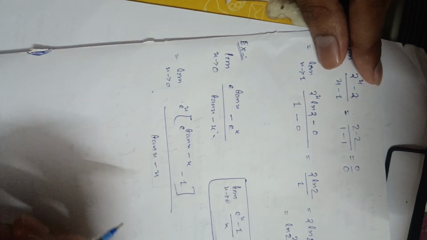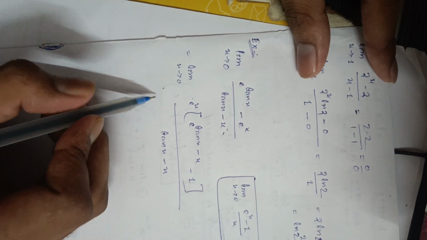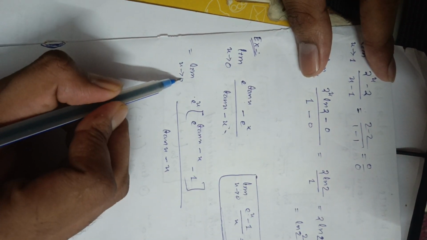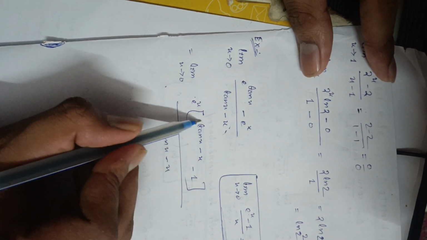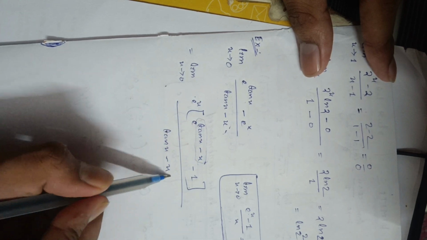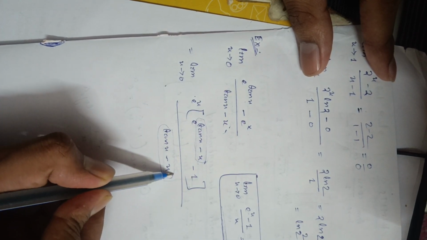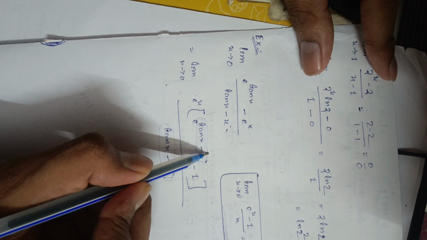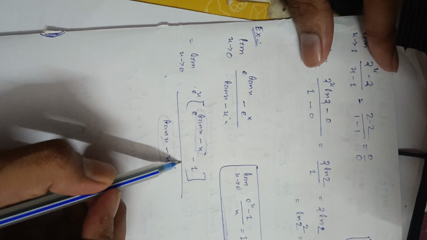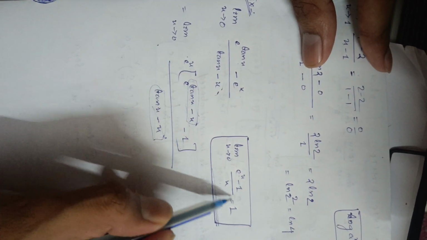Now see one thing, if you put x equal to 0, then this is one term and this is the same term. In this case, if this will become 0 and this will become 0, then you can eliminate it into this type of form.